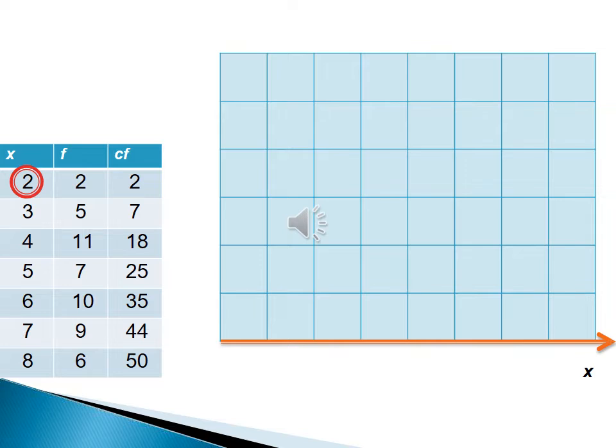We should also be careful in taking the scale: the distance between the variables on the x-axis and y-axis should be equal and continuous. So if the first value is 2, the second value should be 4, the third value should be 6, 8, 10, 12, 14, and so on.